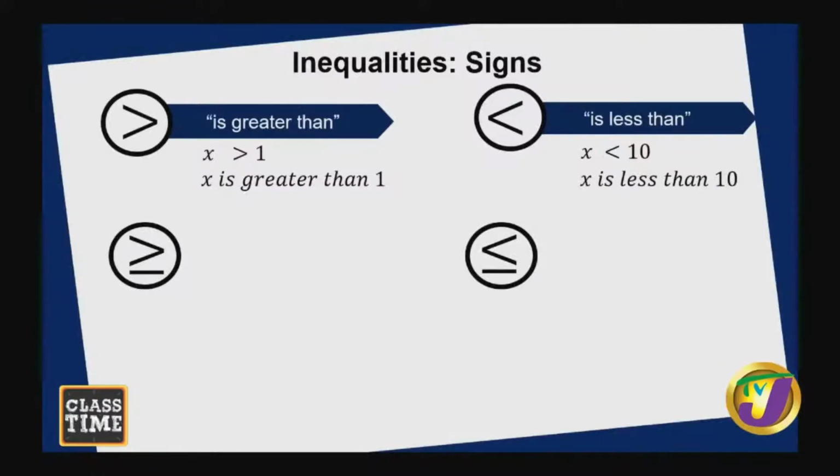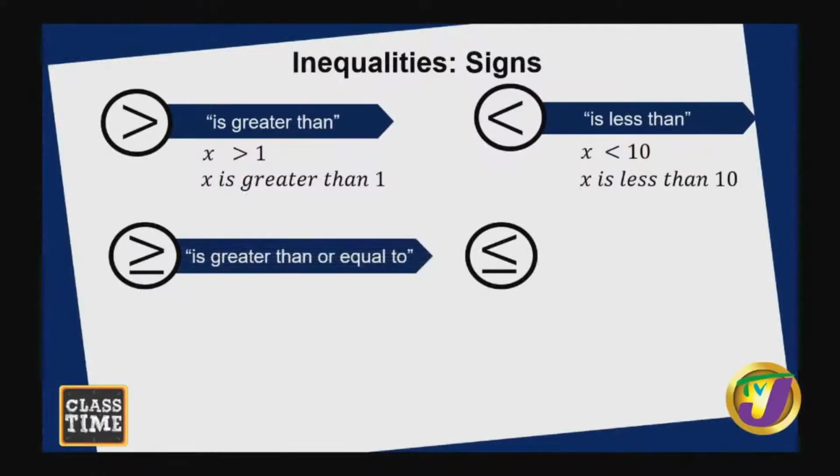So the next one is the sign that has a line under the is greater than sign, and it is saying is greater than or equal to. So there are situations where it could be the same amount or greater than, and that is also classified as an inequation.